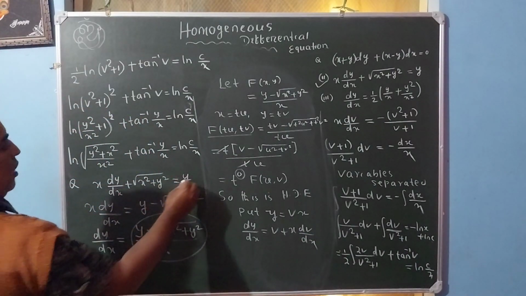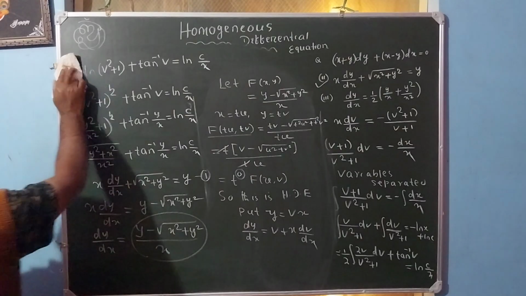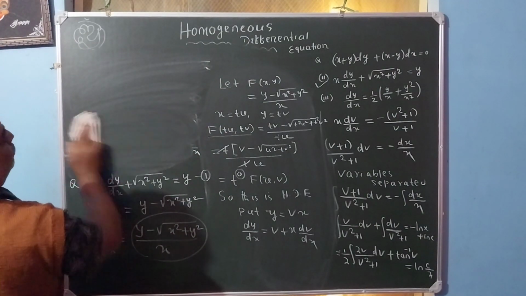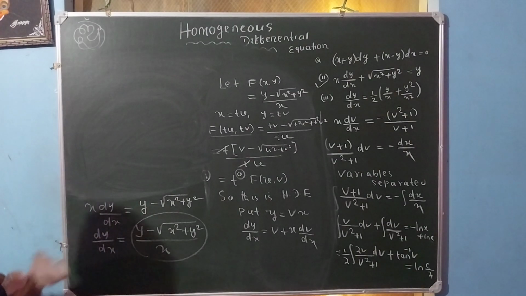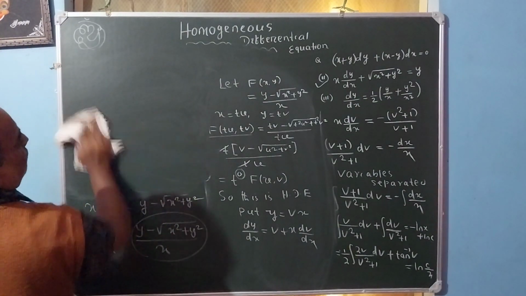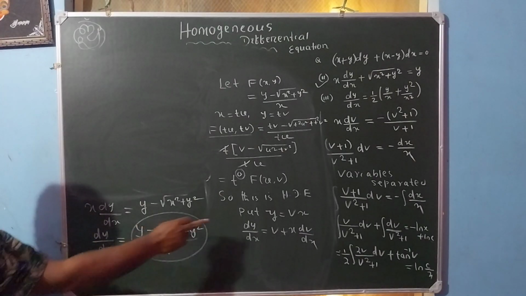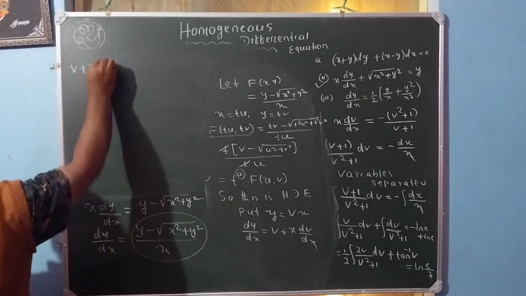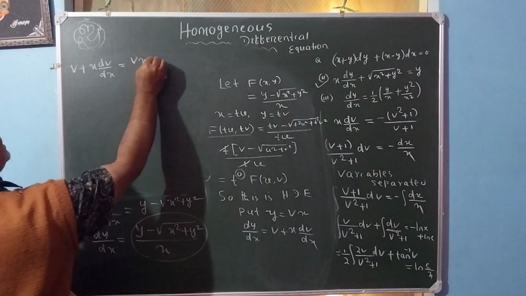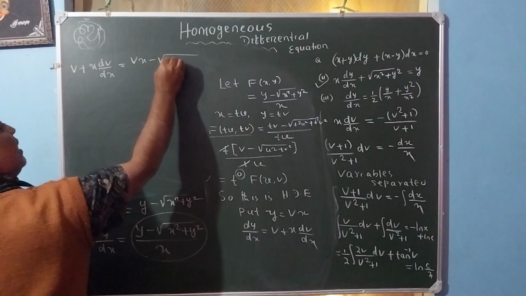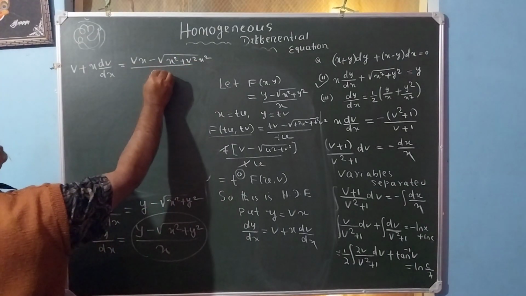Now equation 1 becomes: in place of dy by dx we put v plus x dv by dx, is equal to y, which is vx, minus root of x square plus v square x square, divided by x.